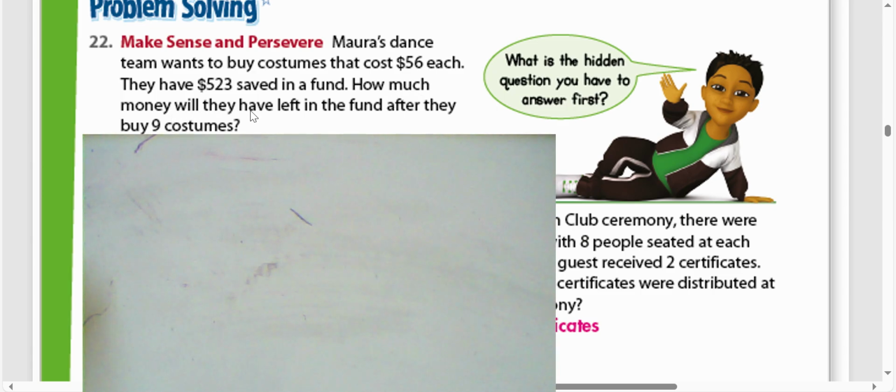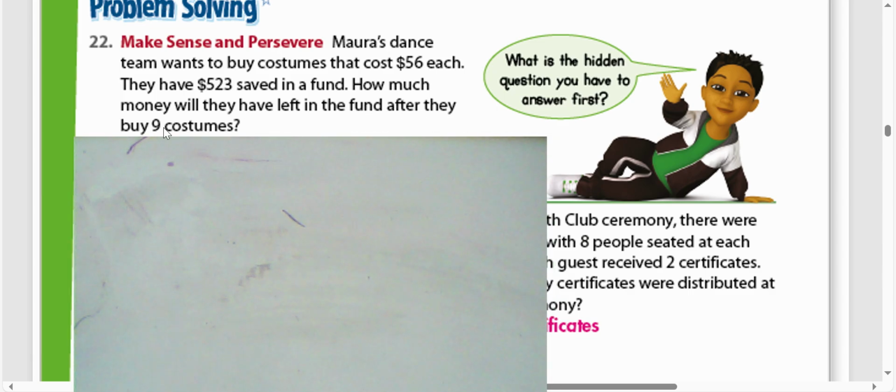How much money will they have left in the fund after they buy 9 costumes? Okay, we can add together 9 costumes. That's what we have, 56, and they have 523 saved in a fund.